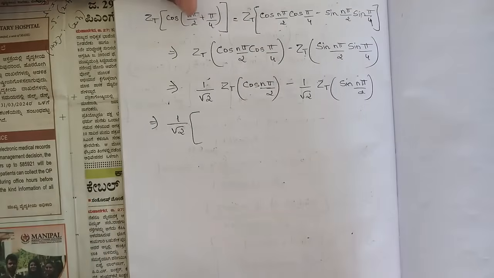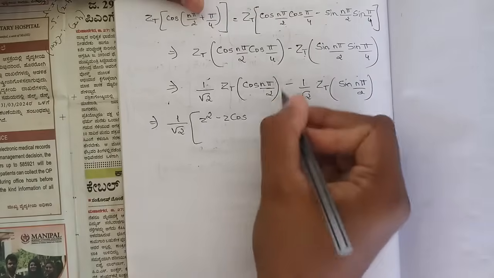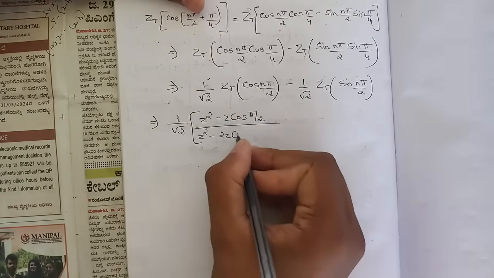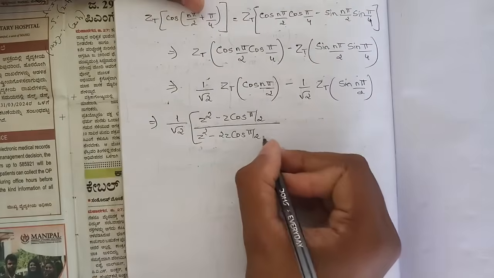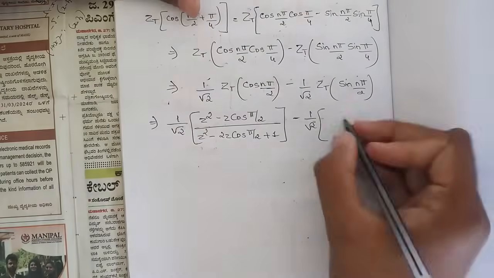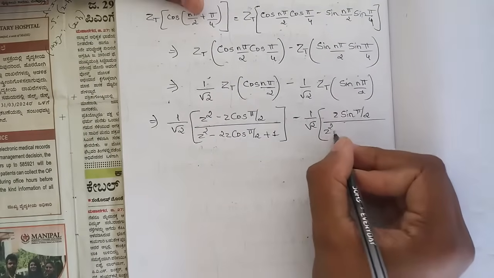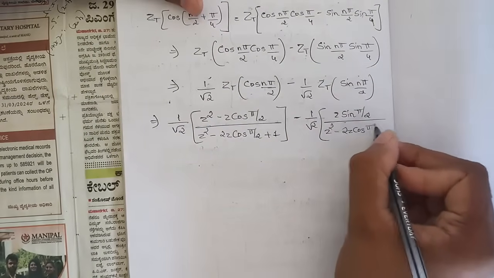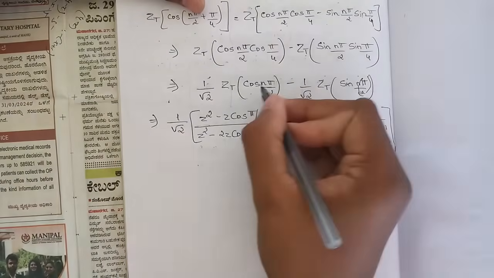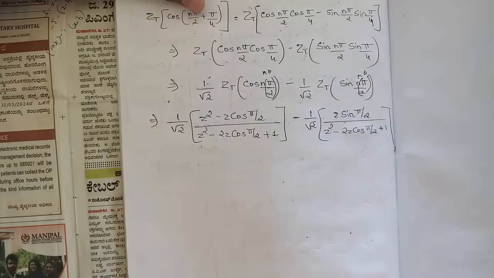So the z transform of cos n theta is z square minus z cos theta, in place of theta that is pi by 2, over z square minus 2z cos theta pi by 2 plus 1, minus 1 by 2 into sin n theta, that is z sin theta over z square minus 2z cos theta, theta is equal to pi by 2 plus 1, in place of theta there is pi by 2, that only I have written it.